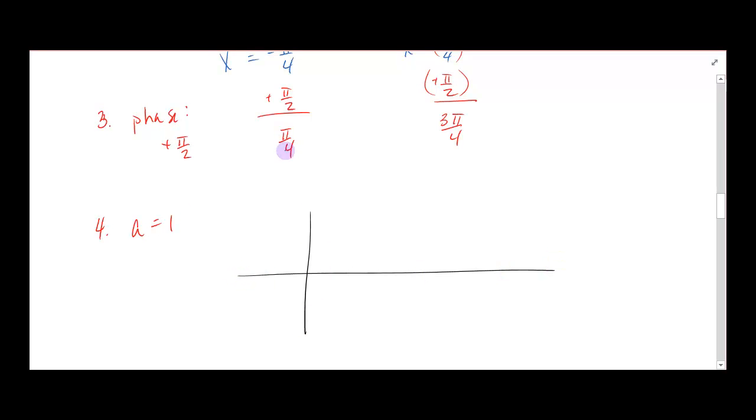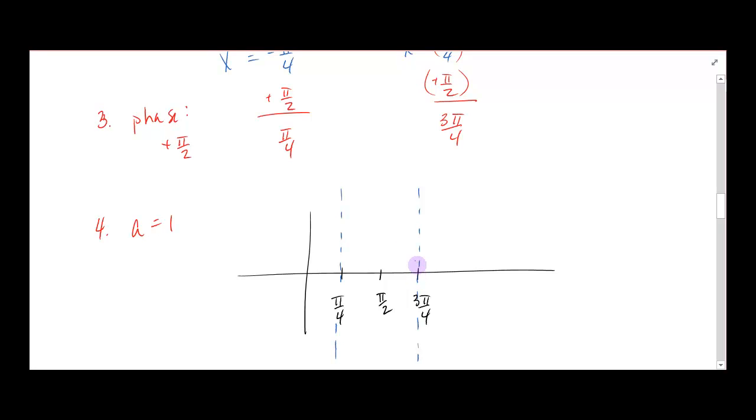I know that I'm going between pi over 4 and 3 pi over 4. Those are my vertical asymptotes, okay? And then midway in between would be pi over 2. Now I'm going to draw my dotted lines, because too many of these tick marks at one time on a tangent function gets confusing.